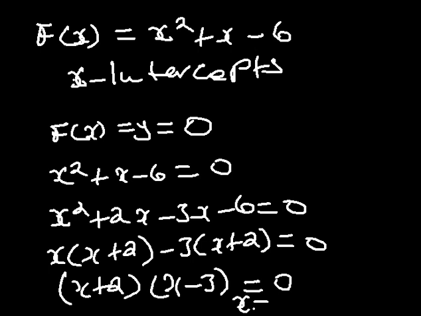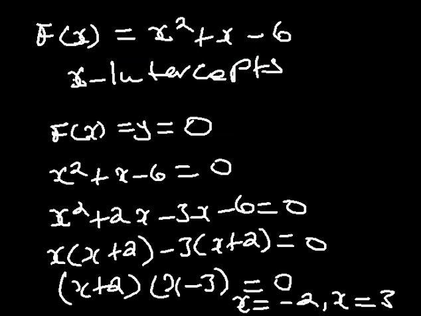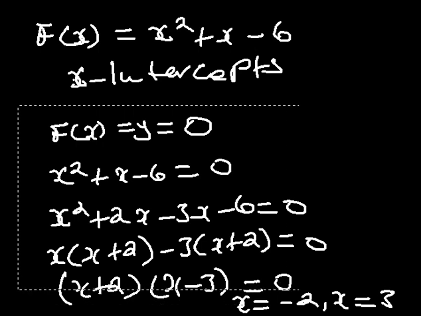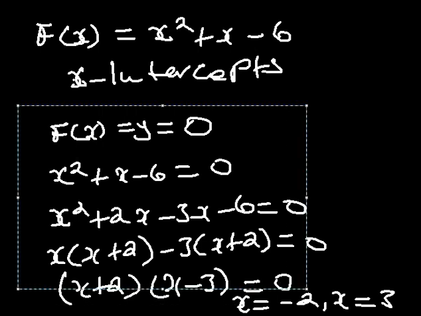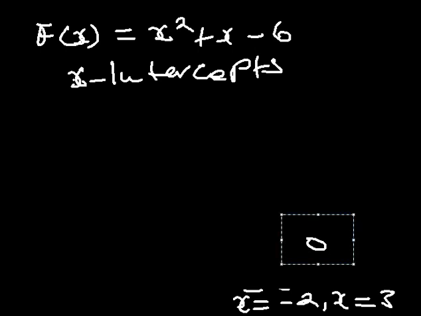Hence x is equal to negative 2 or x is equal to 3. Now we have the x-intercepts: x is negative 2 and x is positive 3.